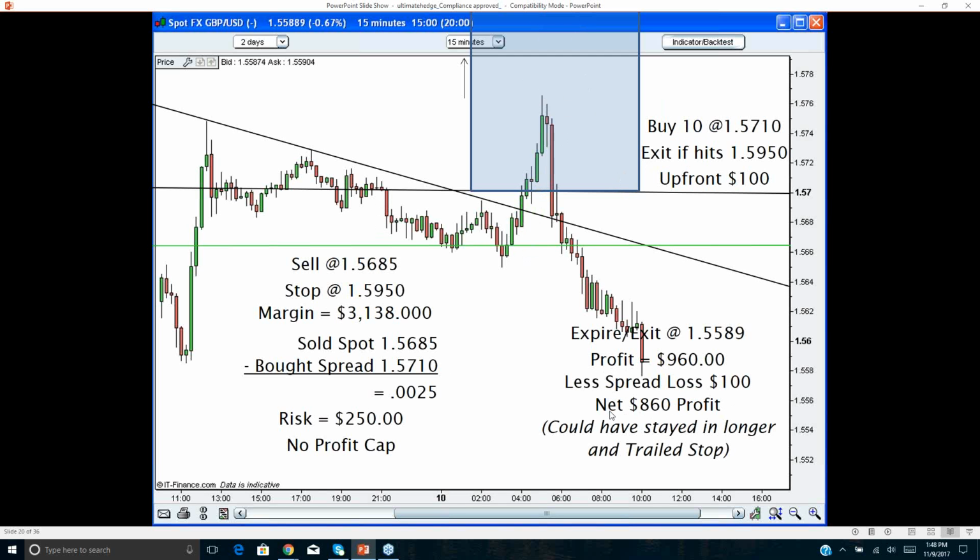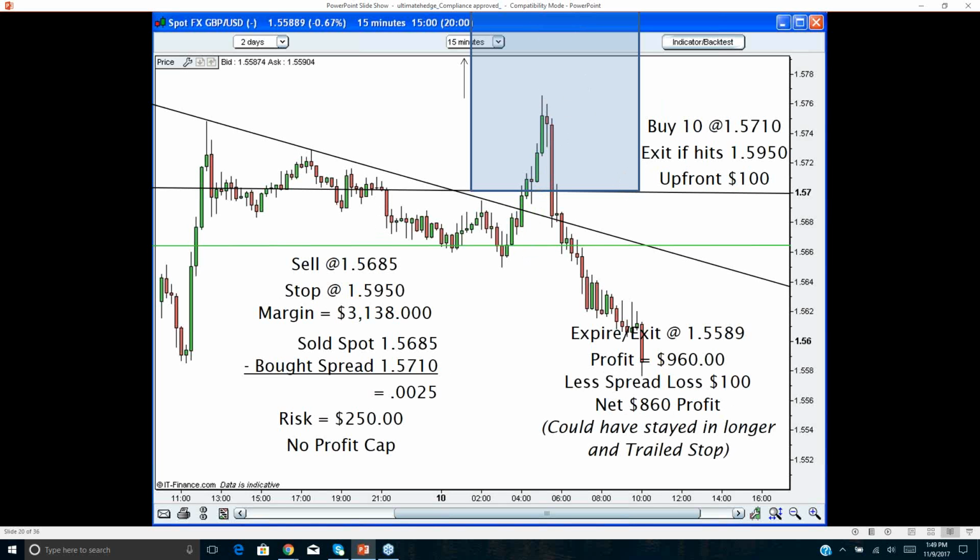Less stress, and you ended up with $860 profit, as opposed to a $650 loss. And instead of a small stop, you had almost a 250 tick stop. You can't beat that.